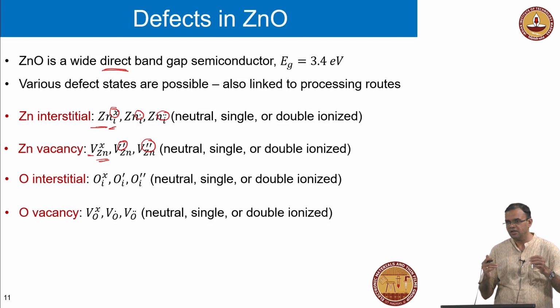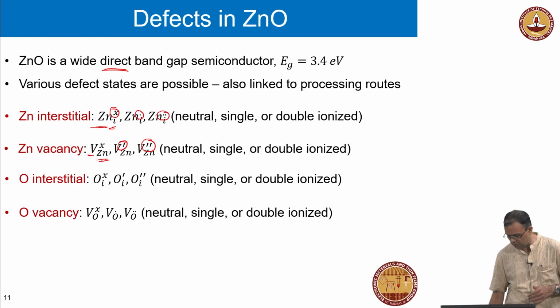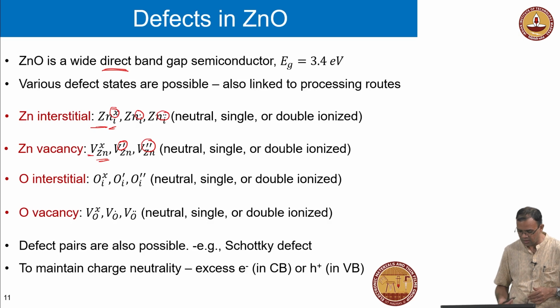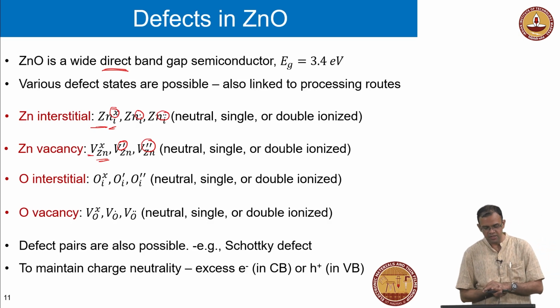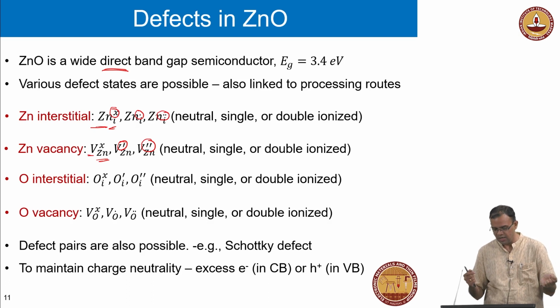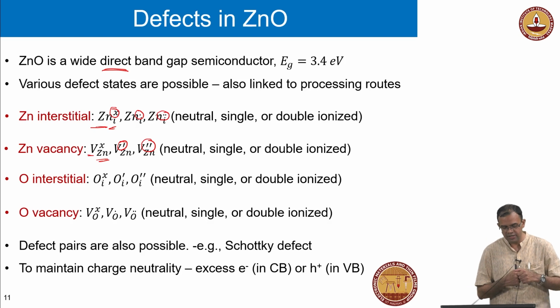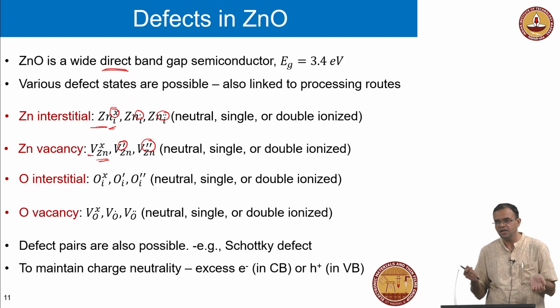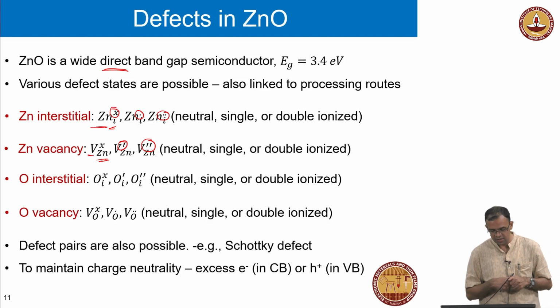Of course there are different energetics associated with each of them, and they can also form defect pairs. For example, I can have a zinc vacancy and an oxygen vacancy, that makes it a Schottky defect, or I can have a zinc vacancy and a zinc interstitial, that makes it a Frenkel defect.